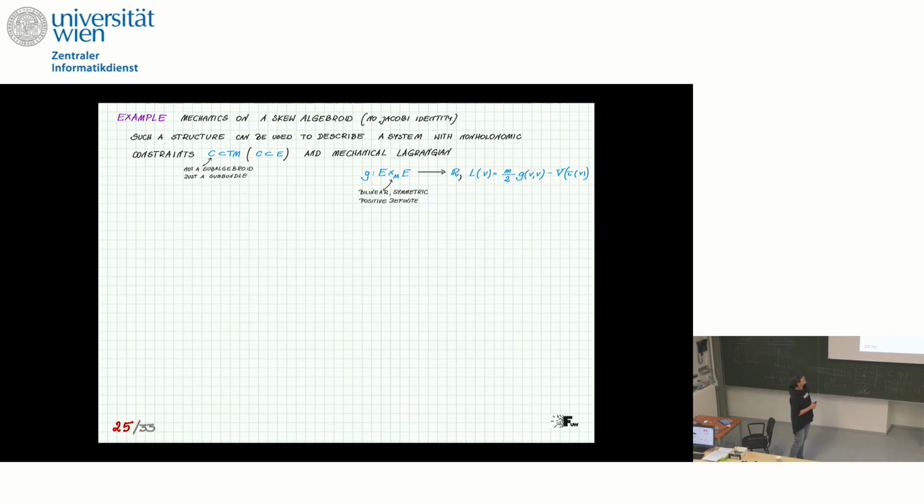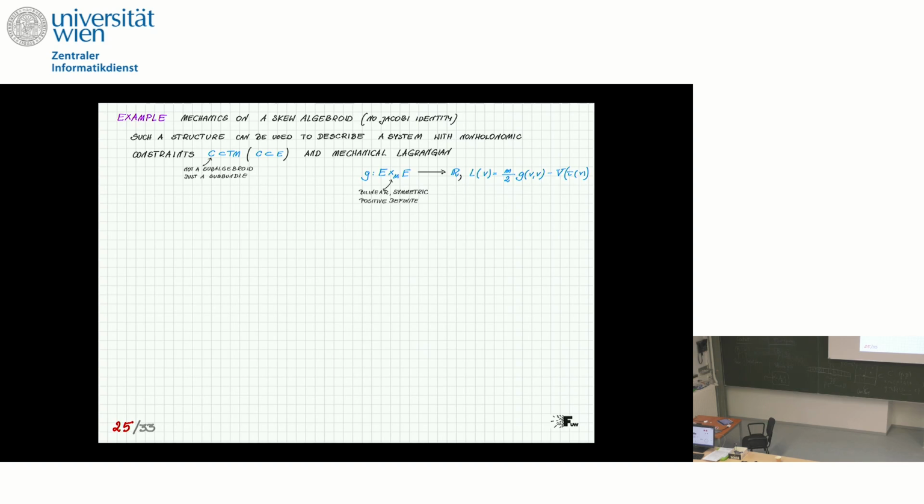Okay, and another example will be mechanics on a skew algebroid. So now our playground will be a vector bundle with, we may think, a bracket or a bivector on the dual, which is skew. This bivector will be skew symmetric, but will be no Jacobi identity.